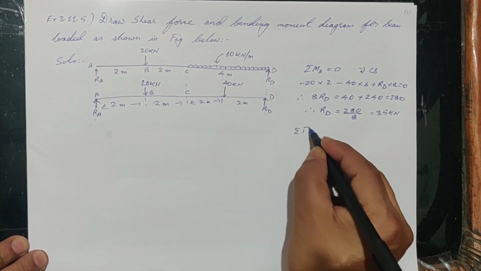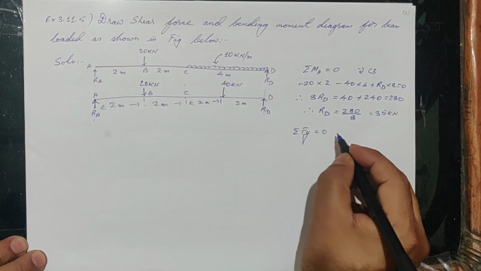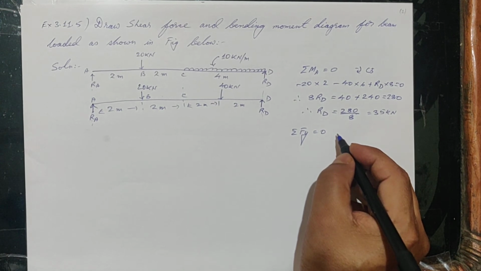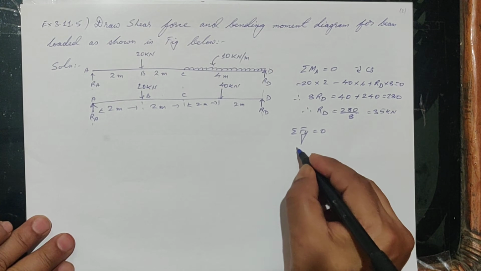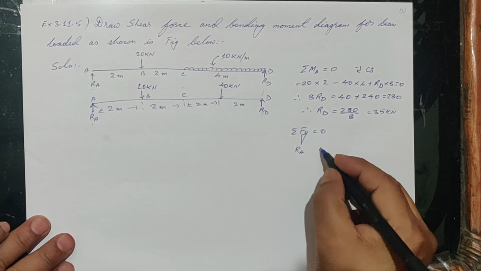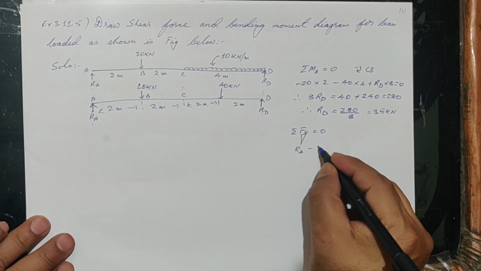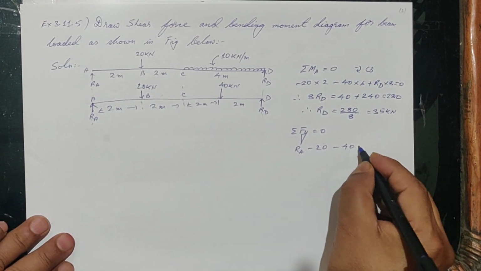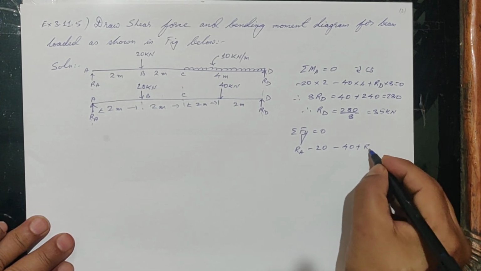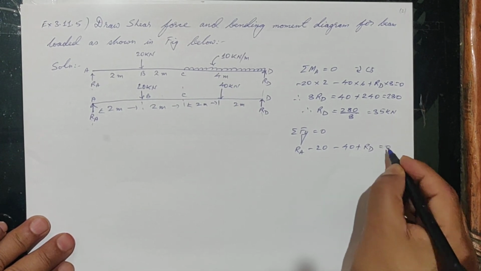Now, summation of Fy is equal to 0. So in Fy we have RA as positive, RA minus 20, it's coming down, minus 40 plus RD is equal to 0.